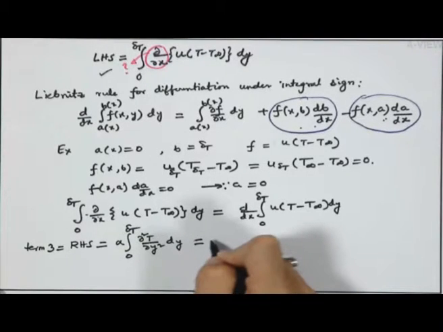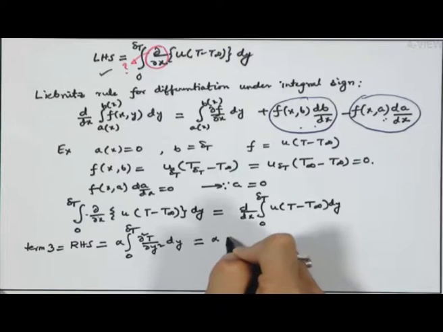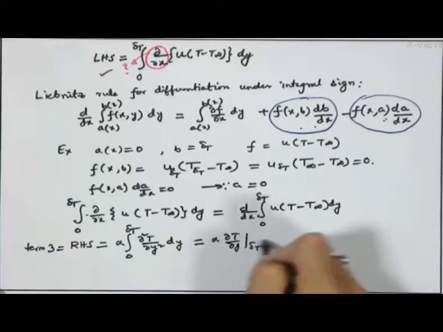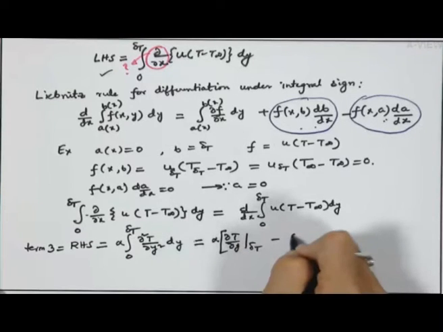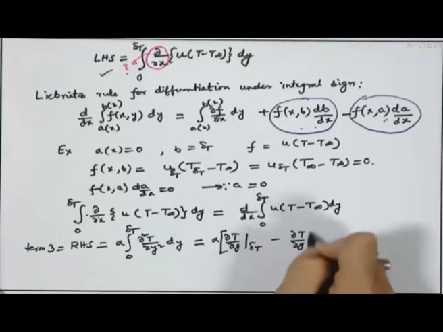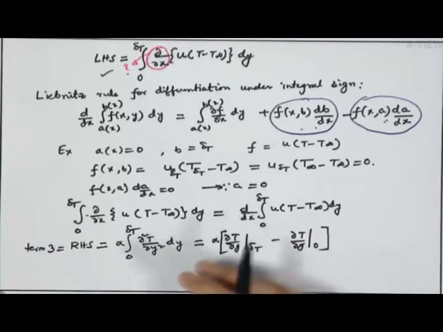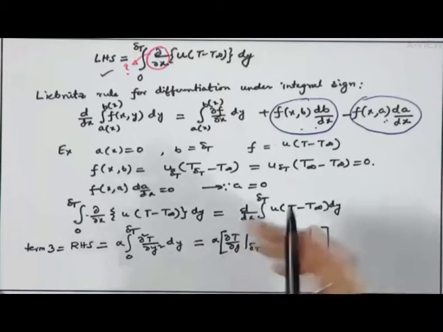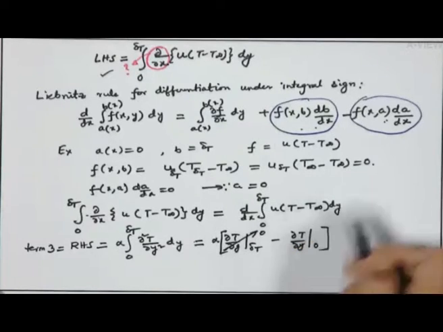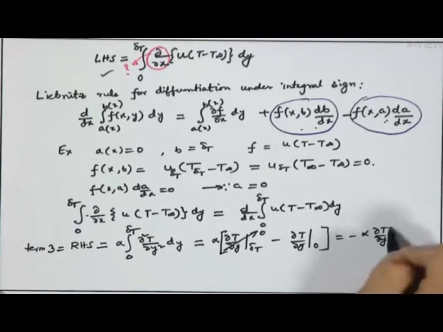So, this is alpha ∂T/∂y at delta t minus ∂T/∂y at 0. What is ∂T/∂y at delta t? Beyond the thermal boundary layer there is no temperature gradient. So, this is equal to 0. So, minus alpha ∂T/∂y at 0.